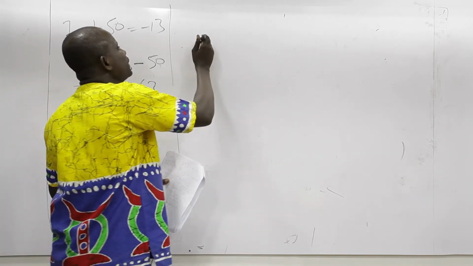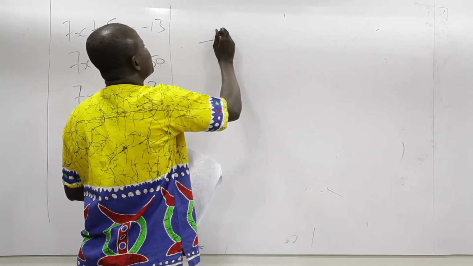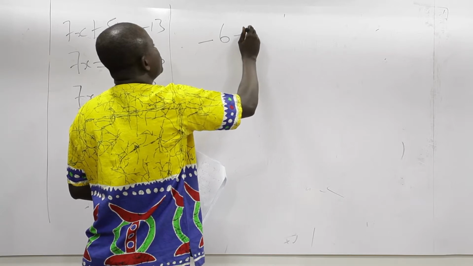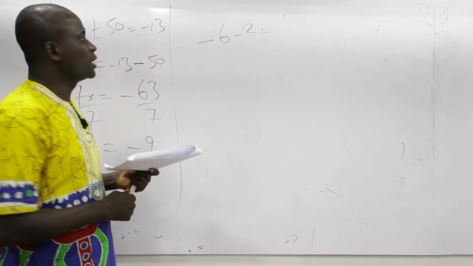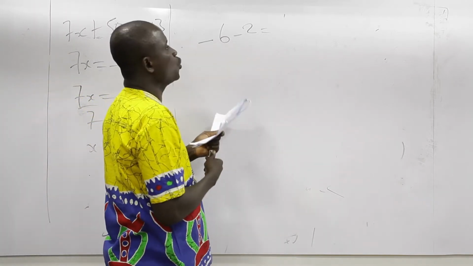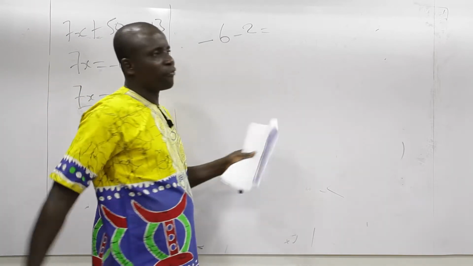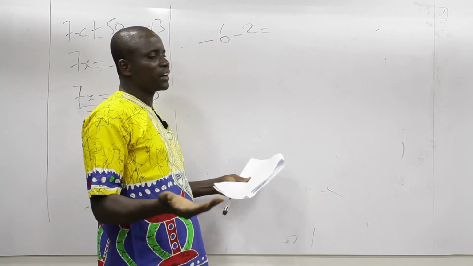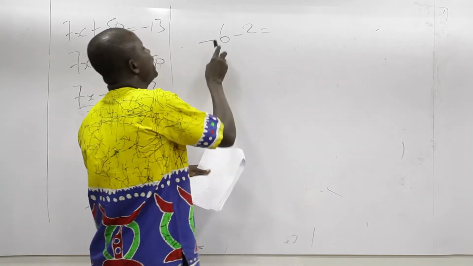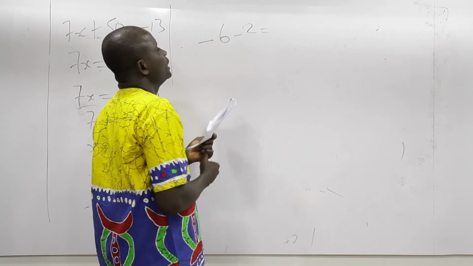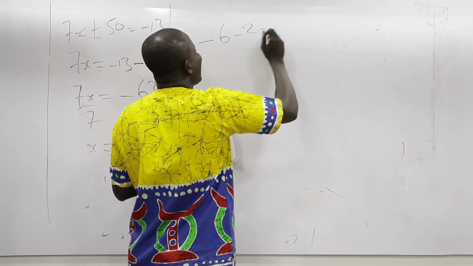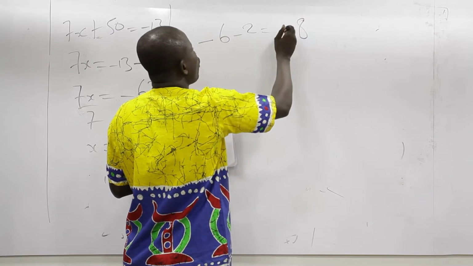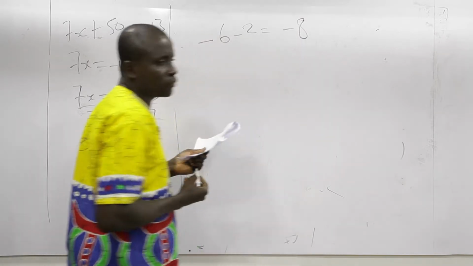What I'm saying is that if the signs are the same, let's say negative 6, negative 2, they are both negative. So you just add the 6 and the 2, and this is a recap of algebraic expressions, the fundamentals, so that it will help us. Negative 6 and negative 2, both of them are negative. Therefore, you add them, you get what? Your 8. Then the common sign is what? It's negative. You bring it over there.